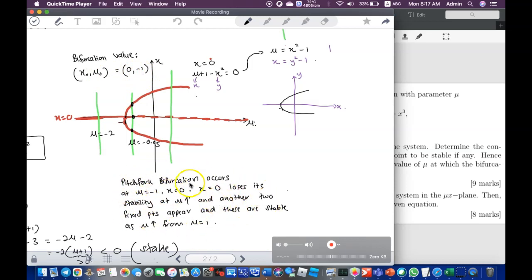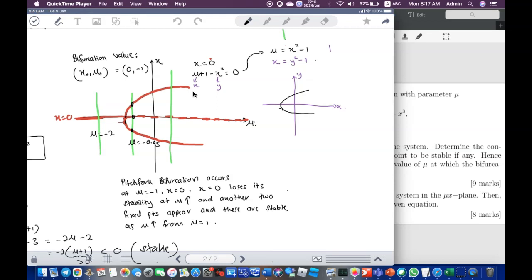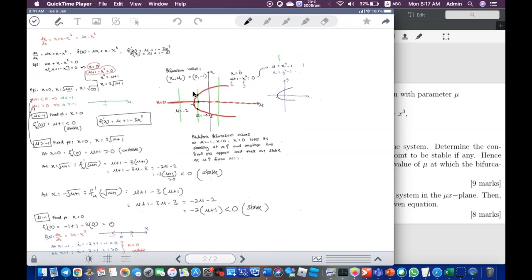Okay, so you can see that at x equal to 0, as I mentioned before, it lost the stability from stable to unstable when mu increasing. But then at the same time, the 2 equilibrium point or fixed point appear. Okay, and these are stable. So these are the description of the pitchfork bifurcation. Okay, so hopefully you understand that.